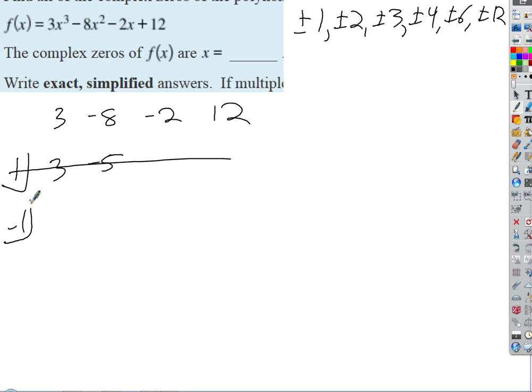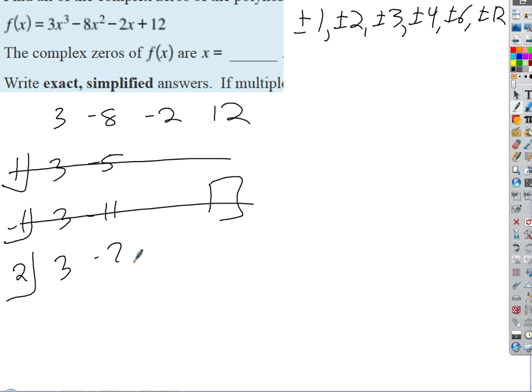-1, 3, -11, not going to work, is it? Why don't you just start out with 3 rather than -3? You just drop the first one down. Yeah. Okay. 2, so it's at -2.